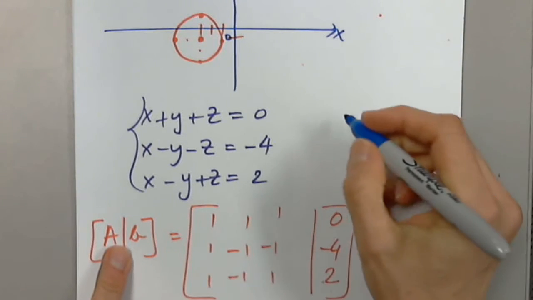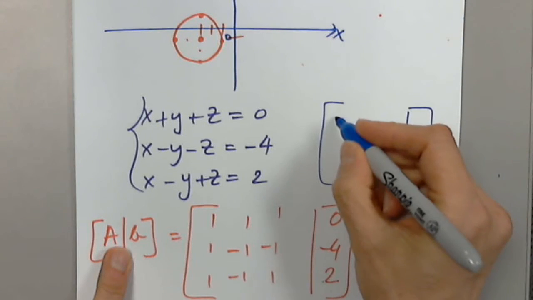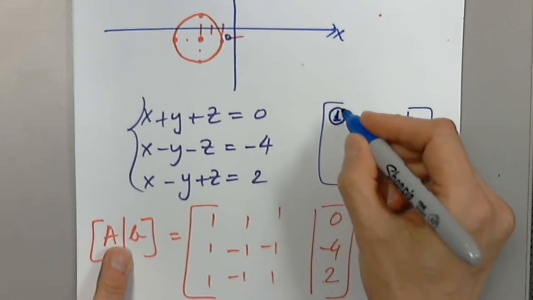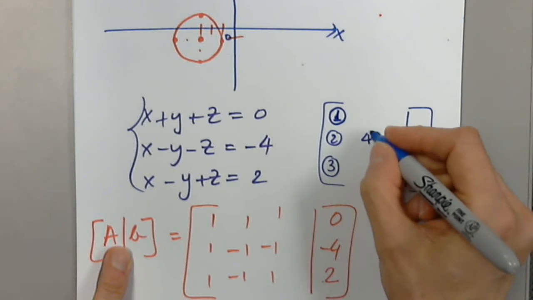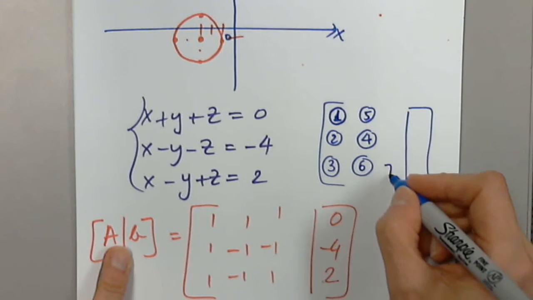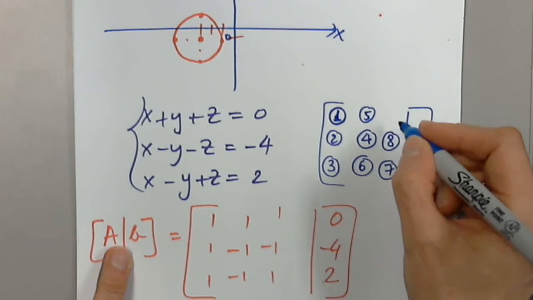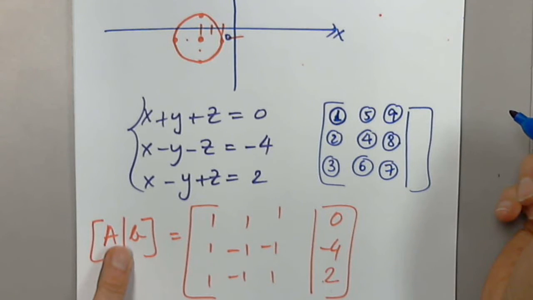One more time. Here is the order of operations. This is the first step, the second step, the third, the fourth, the fifth step, and this is the sixth step. This is the seventh, the eighth, and the ninth. Or 8 and 9, it doesn't matter. 5 or 6, doesn't matter.